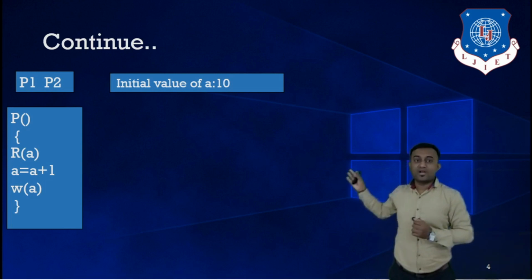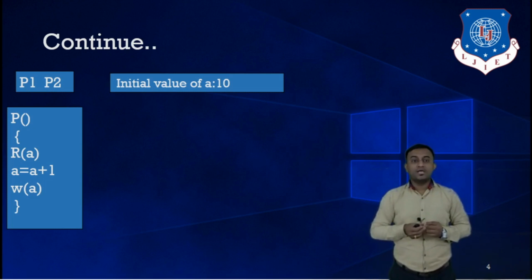This program contains a set of instructions, of which the first one is read of A. R stands for read operation and W stands for write operation. A is a shareable resource, and it is a software resource, not a hardware resource.